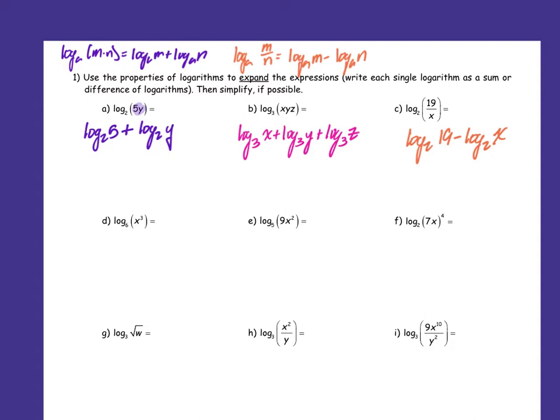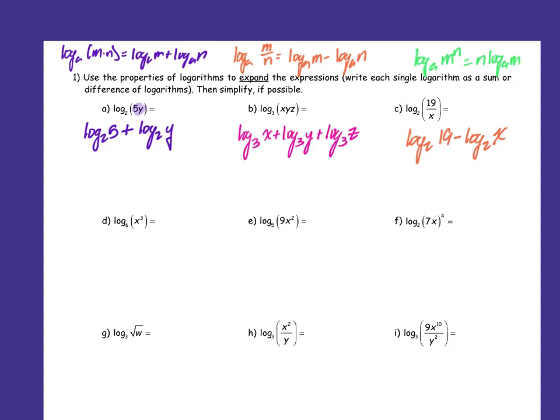So for D, the third one, and then really I'm going to use the third rule, and then really it's just a repeat of all 3 of these rules. This rule says if I have, trying to remember off the top of my head, log base A of m to the n, I get n log base A of m.